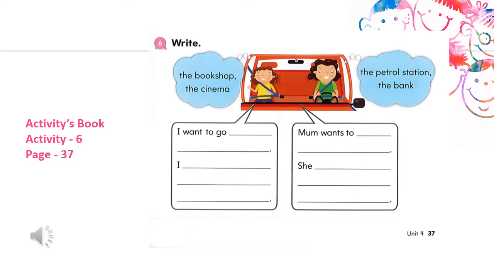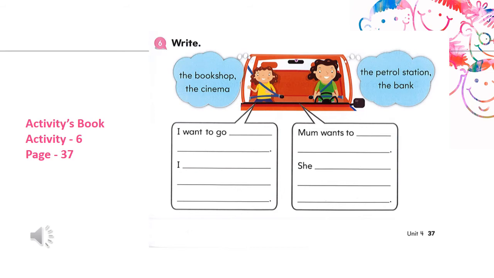Dear students, now we will do activity 6, page 37, activity book. Here, you have to write down sentences taking the help of the picture given in this page. Look at the picture. It's a picture of a mother and a daughter. A mother is driving her car and thinking of going to two different places. And the daughter is also thinking of going to two different places.